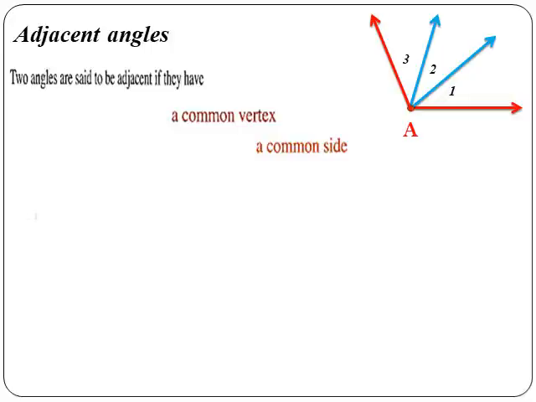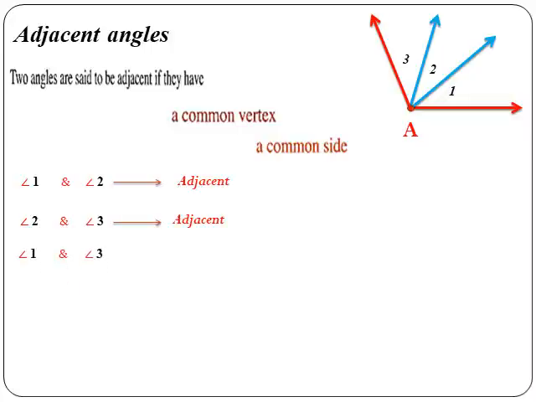So if I ask about angle 1 and angle 2, angle 1 and 2 are what? Adjacent or not adjacent? Yes, we said that before, it's adjacent angles. Angle 2 and angle 3, adjacent or not adjacent? Yes, it's adjacent angle.